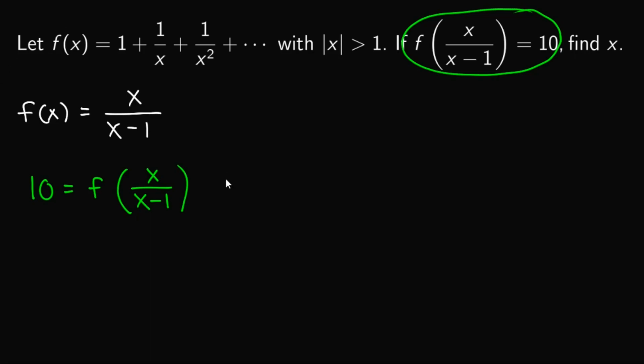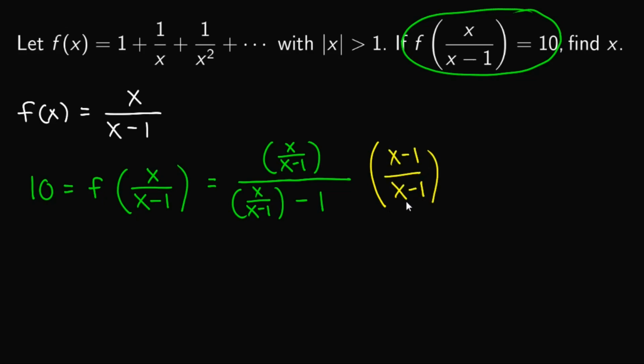We'll have x over x minus 1 all over x over x minus 1 minus 1. Here, take note that we can multiply the numerator and denominator by x minus 1 to simplify things. Again, we can do this since we know that x minus 1 is not equal to 0, that is, x is not equal to 1, which is indeed true since we know that the absolute value of x is greater than 1, not greater than or equal to it.